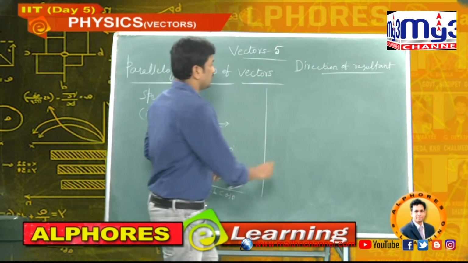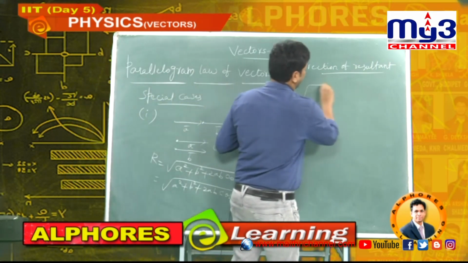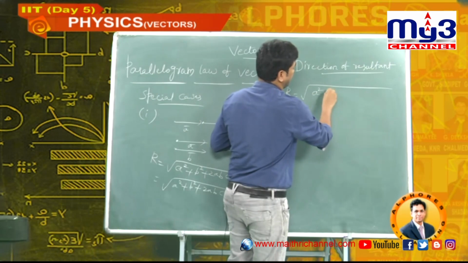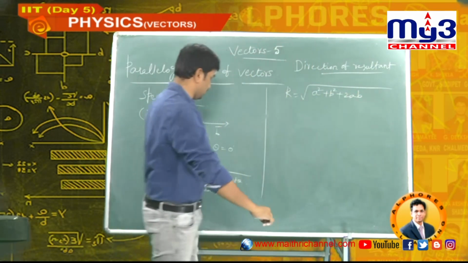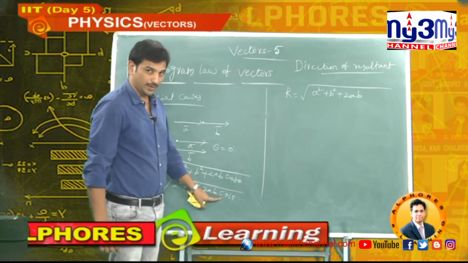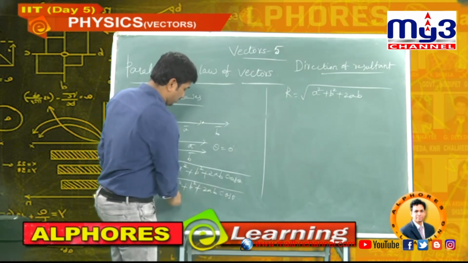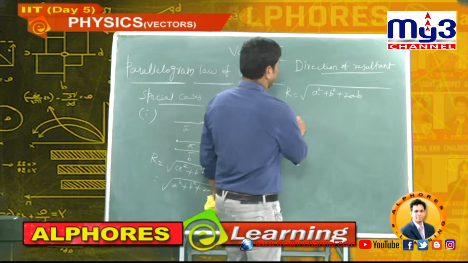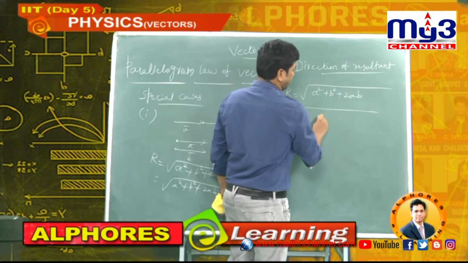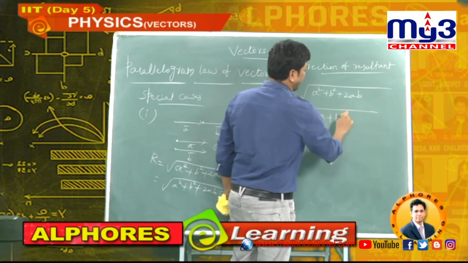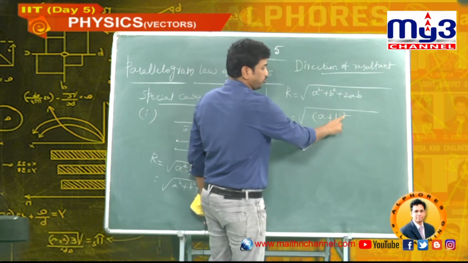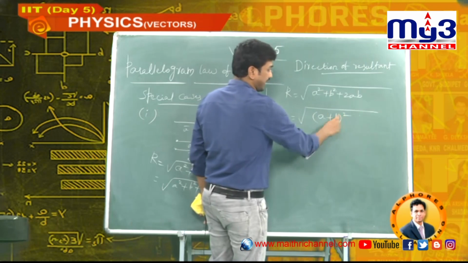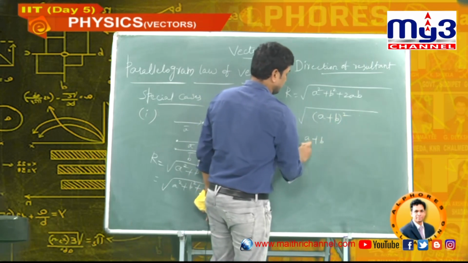Now R is the square root of A square plus B square plus 2AB, because the cos 0 value is 1. This is how it is: A plus B whole square, under root. The square and the root cancel. Now what is the answer? A plus B.